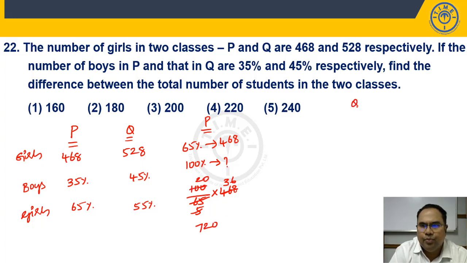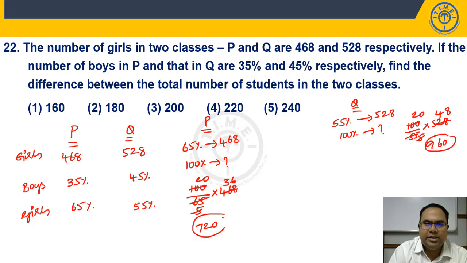Similarly, if I take Q, 55% girls percentage is 528. 100% how much? 100 by 55 into 528. 11 4s 44, 11 8s, 11 5s, 5 goes 20 times. So 960. So what's the difference he is asking? Total number of students. Difference 960 minus 720. The difference has to be 240. Option 5.